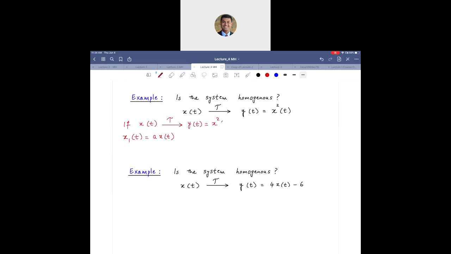If that is true, then consider a new input signal x1 of t, defined as a x of t, which is the scaled version, amplitude scaling by a.